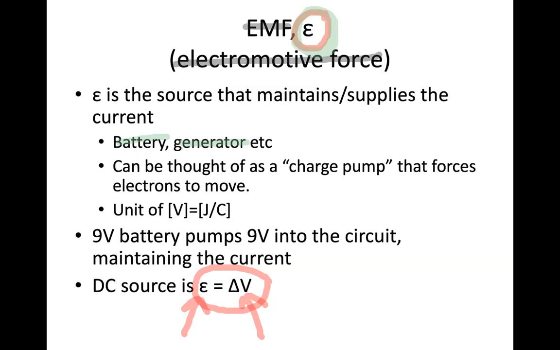So they have to flow out of the battery all the way around to come back to the other side. And then inside the battery, they get separated again. So we can think of this as our waterfall. So a 9-volt battery pumps 9 volts into the circuit and maintains the current steady at those 9 volts, right? So we've looked at the units of volt as a joule per coulomb.